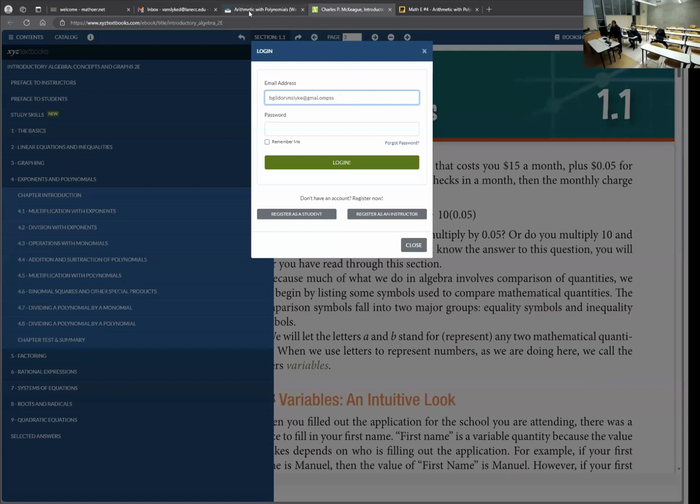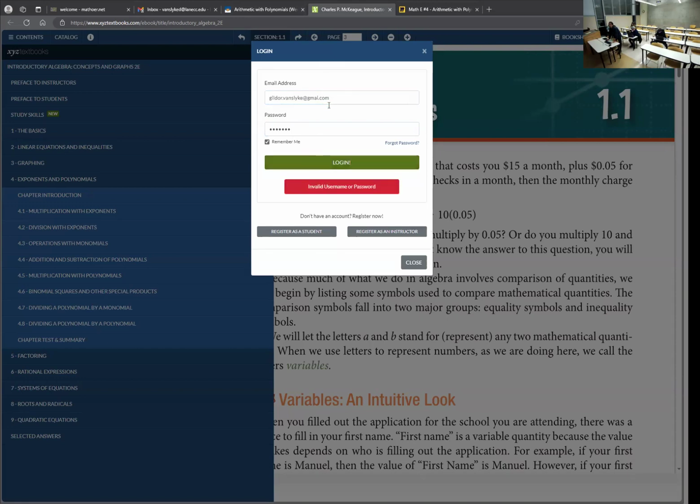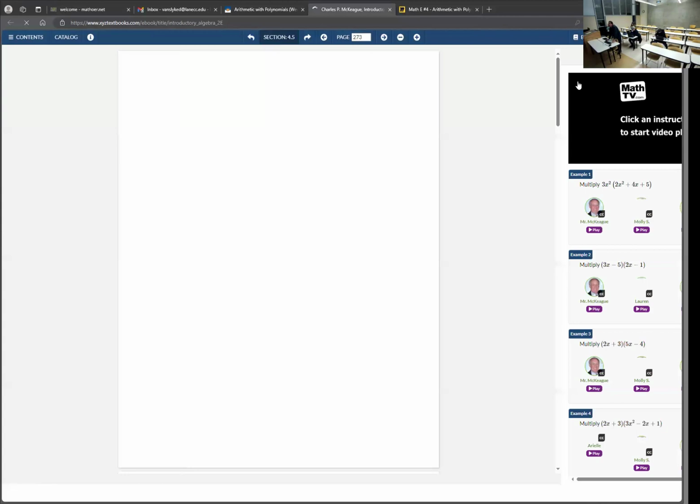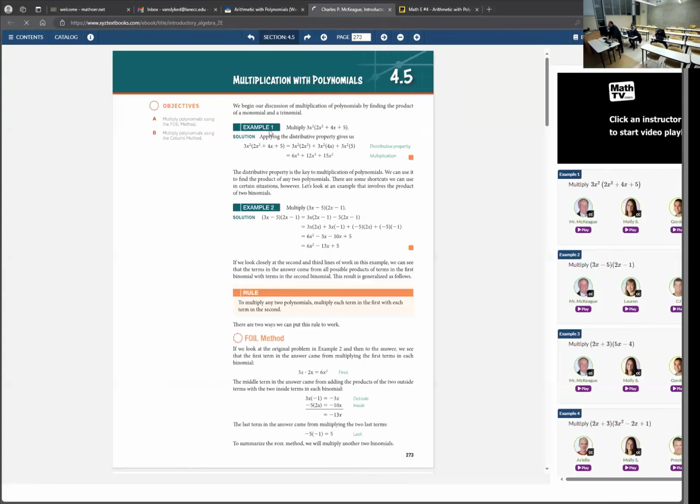I can't read on the silly screen if that's typed right. There we go, okay.